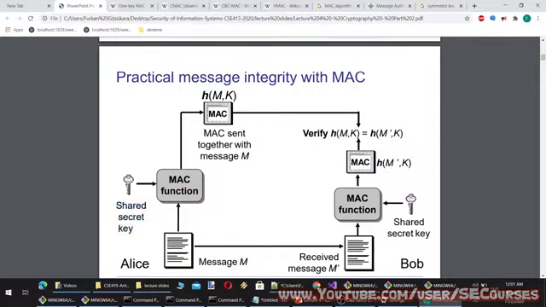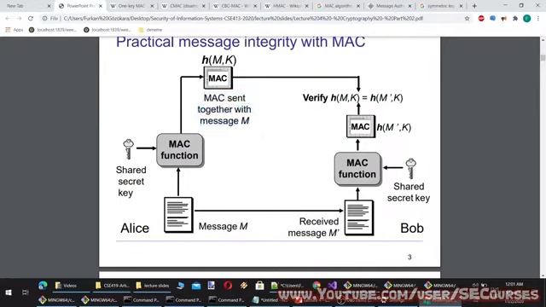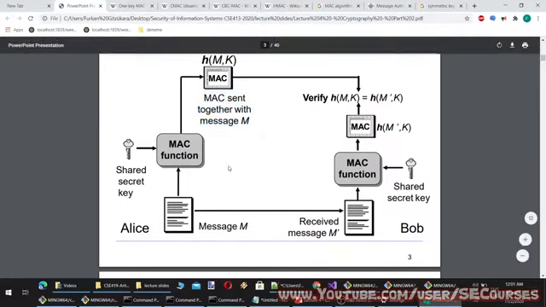Then it calculates the MAC code. With the MAC code and the message together, Alice sends them to Bob.